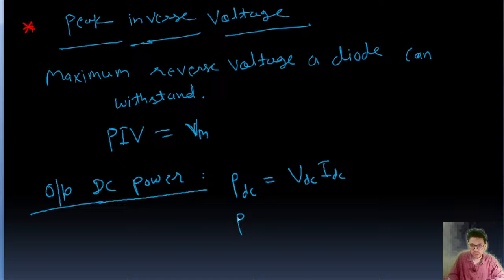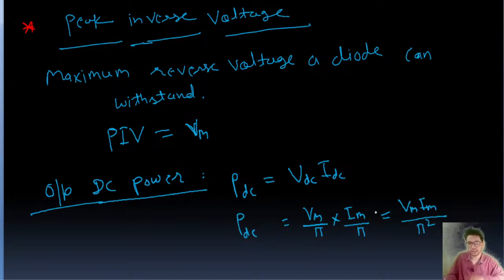VDC we know, for direct current, this is average voltage, Vm upon pi, and IDC is Im upon pi, right? So this value is going to be Vm Im upon pi square.